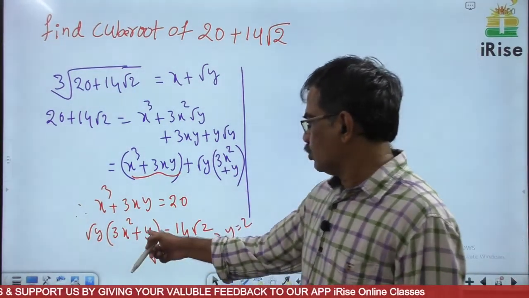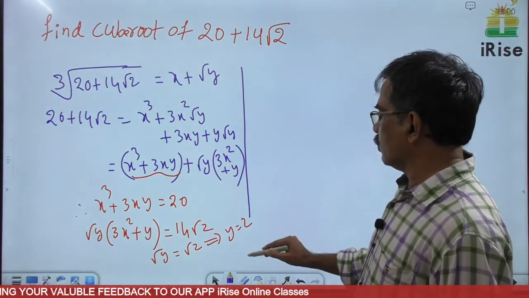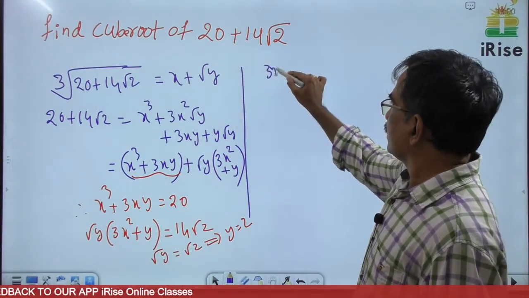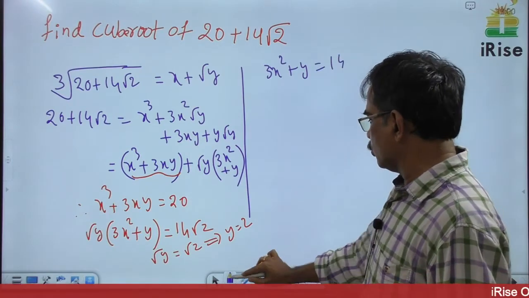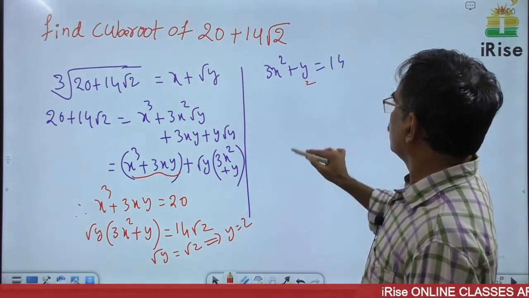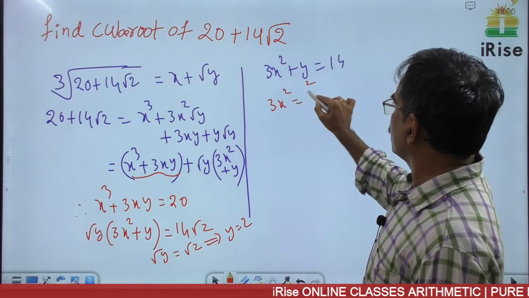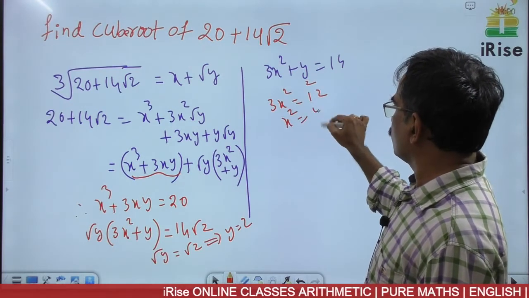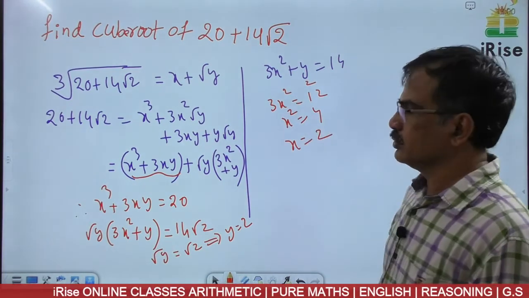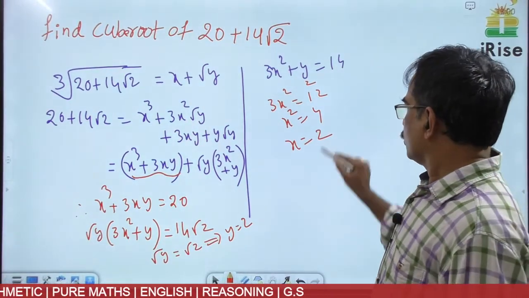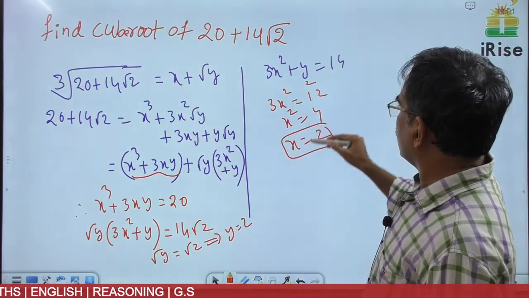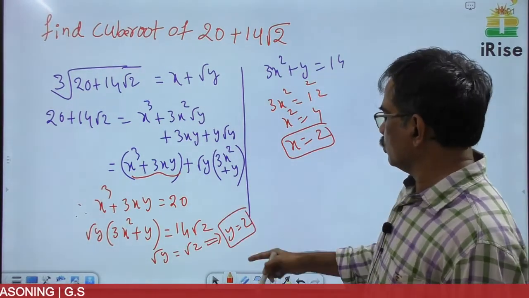If y is equal to 2, put it here. Therefore 3x square plus y is equal to 14, and already y is equal to 2. Therefore 3x square is equal to 12, x square is equal to 4, x is equal to 2. So we get x is equal to 2 and y is equal to 2.